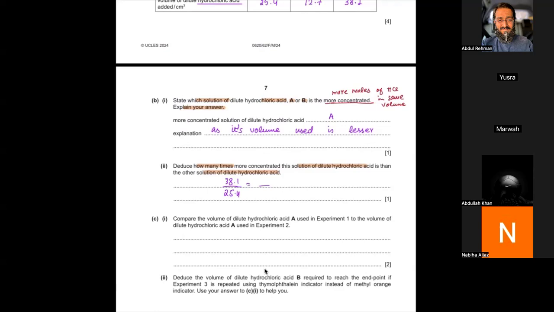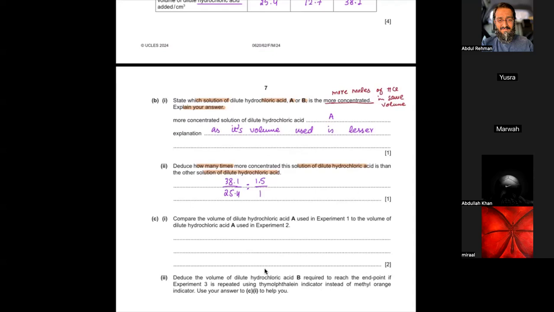right? Why did you divide? Because on dividing we get the ratio of their volumes, isn't it? On simplifying, it is 1.5 over 1. Right? Is this point clear or not? Yes. Now see, this is the ratio of what?